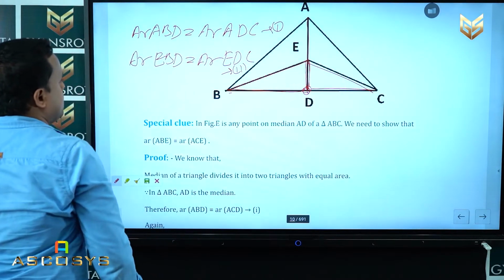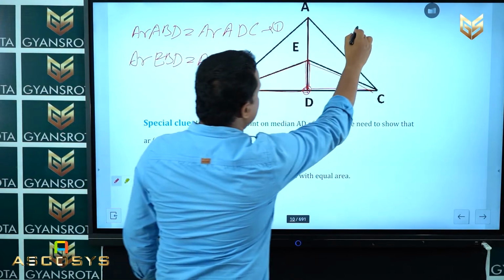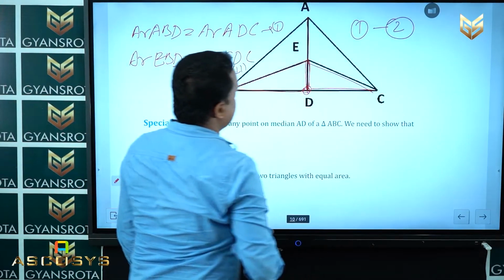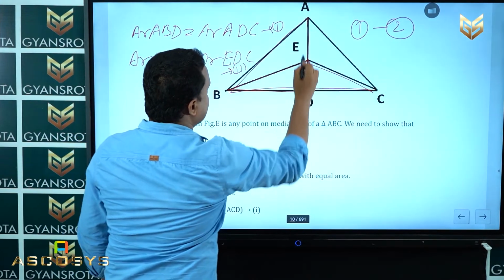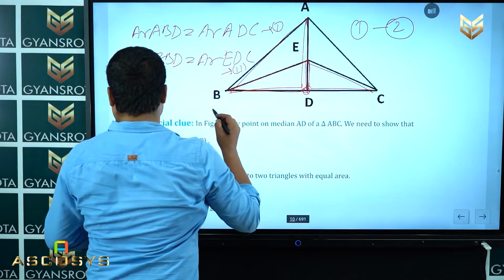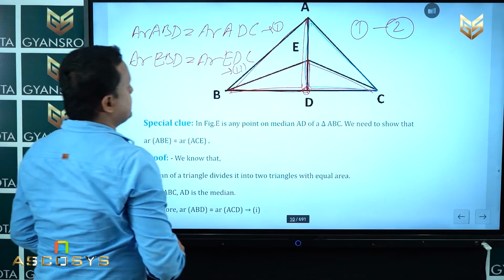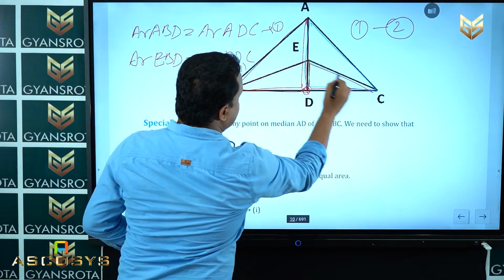Now, if we do equation 1 minus equation 2. What does the first equation say? The area of this triangle is equal to the area of this triangle. What does the second equation tell us? The area of this triangle is equal to the area of this triangle.